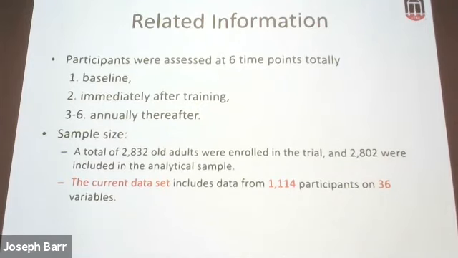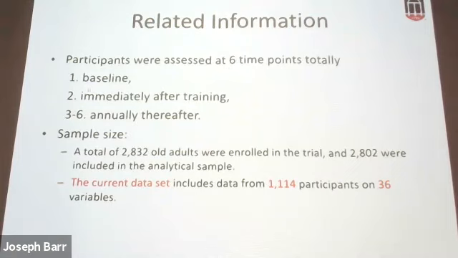Some of them, maybe due to some reasons, just dropped. In the current example data set, we just take a small sample from the whole data set. So we have 1,114 participants and 36 variables. This is a very large data set, and some of them are measured 6 times.